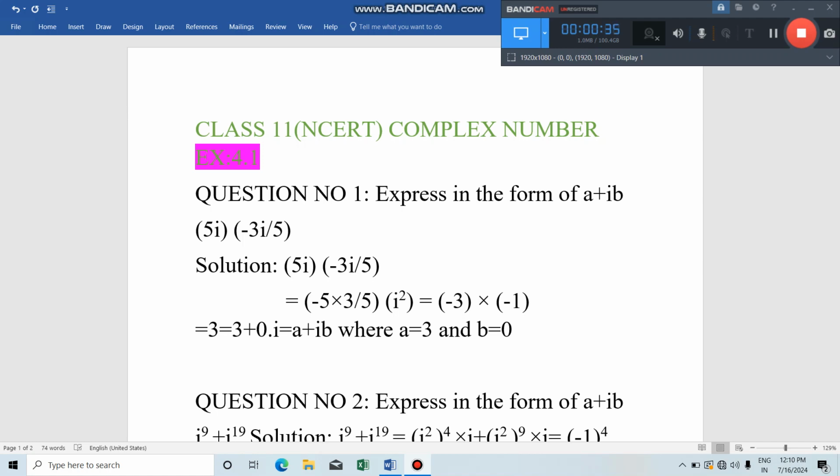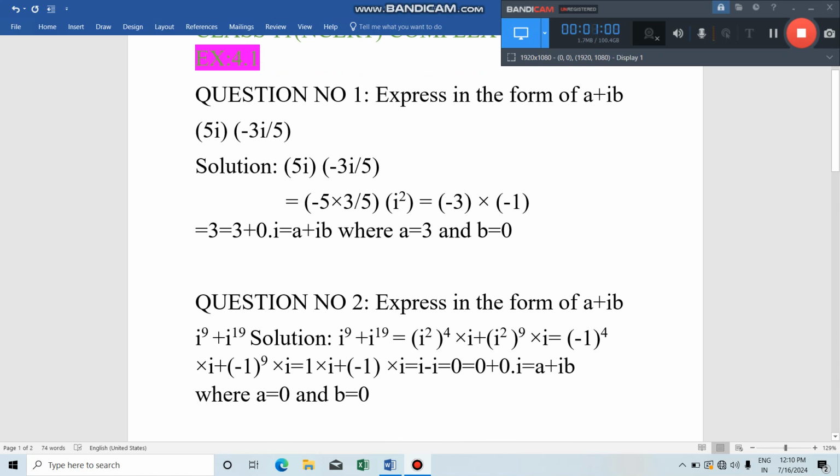Equals minus 3 into i square. i square will give minus 1, minus into minus equals plus, so 3 into 1 equals 3, which is 3 plus 0 into i. We can write it as a plus ib, where a equals 3 and b equals 0. Next question.